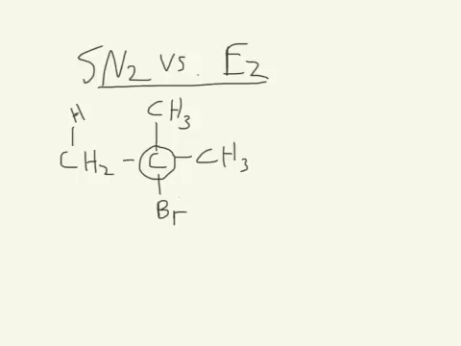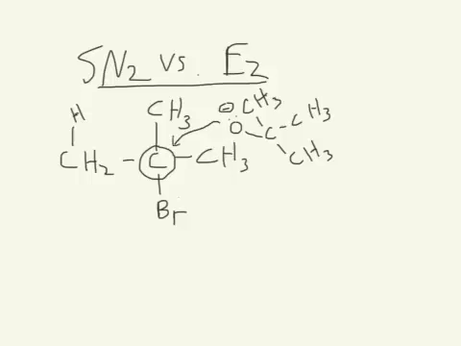That explanation definitely is true and definitely applies when you think about the size of the base. If you have a really big base, here's a classic example of a sterically hindered base, tert-butoxide. It's gigantic, look at it. It's going to be impossible for that to make its way in to do an SN2 reaction with the middle carbon.